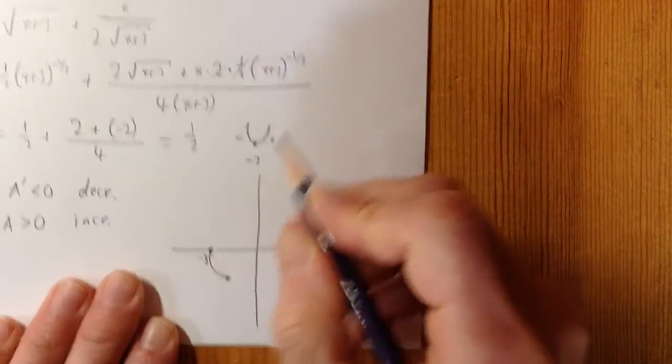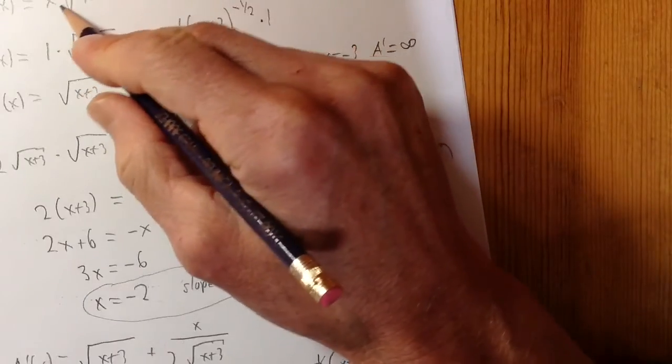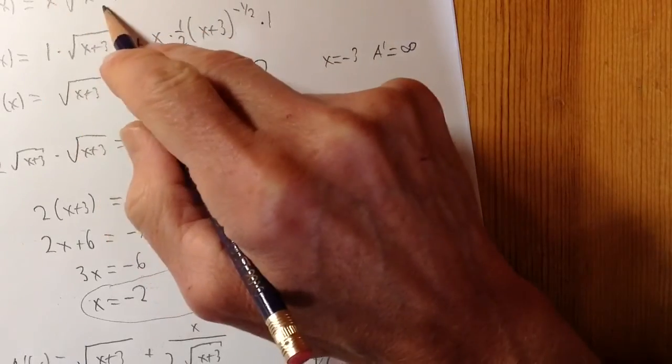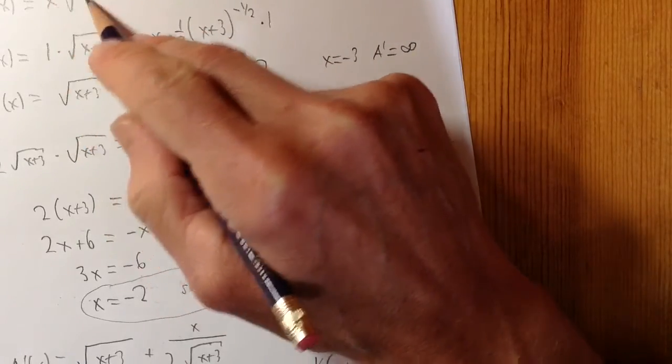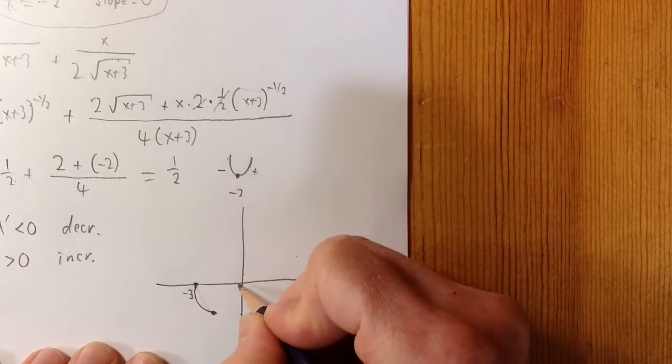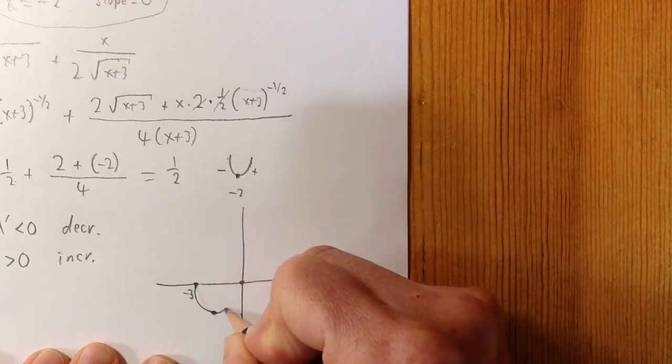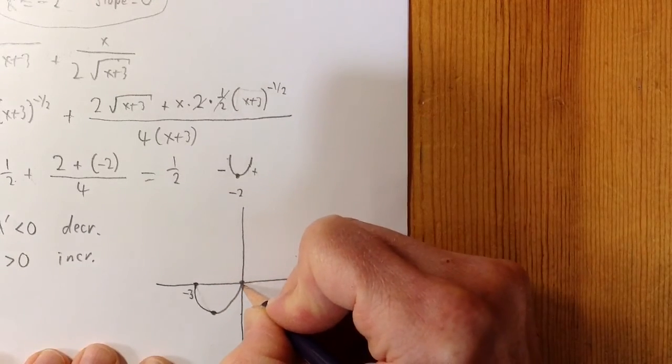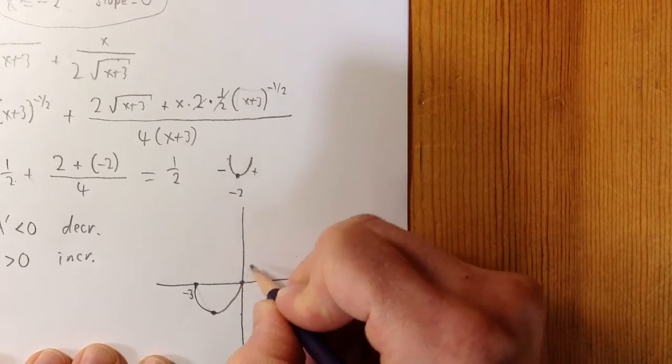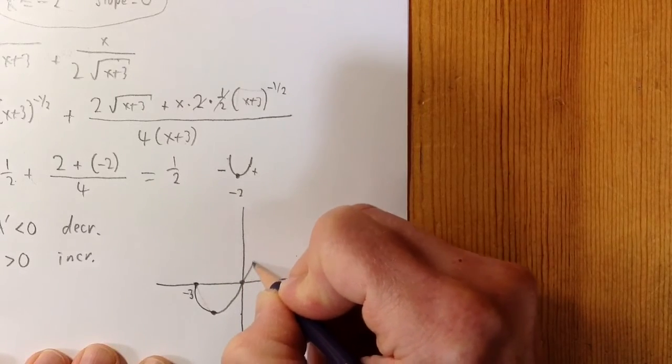And let's do one more point. When x equals 0, we get 0. So when x equals 0, y is 0, so we can put a point there, and then it goes like this, and then it just goes up and up and up, and we know it doesn't switch over anymore.